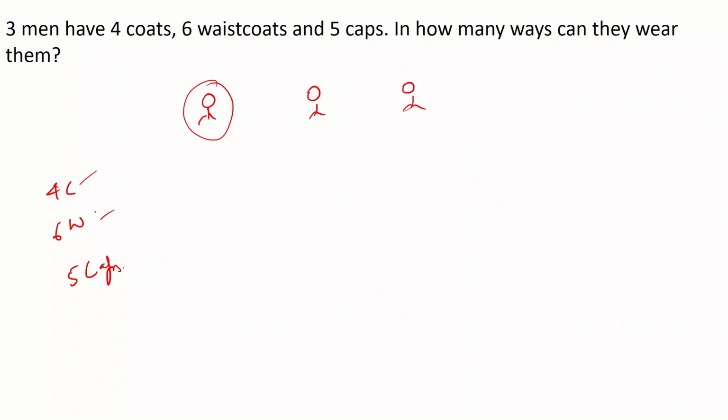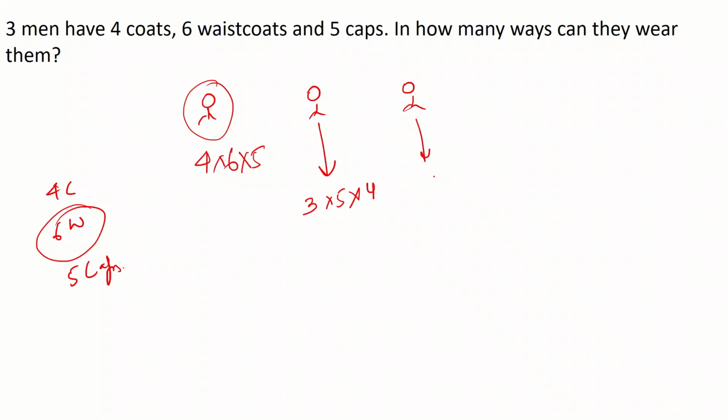He can have 1 coat out of these 4 coats in 4 ways. When he has worn any one of the coats, he can wear 1 waistcoat out of these 6 waistcoats in 6 ways, and when this is done, he can wear 1 cap out of those 5 caps in 5 ways. And when he is ready for the second man, we are left with 3 coats to choose from, 5 waistcoats to choose from, and 4 caps to choose from.